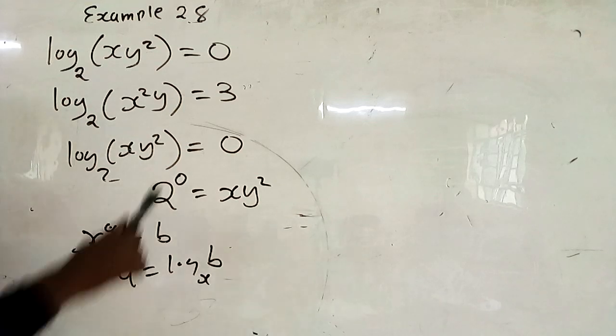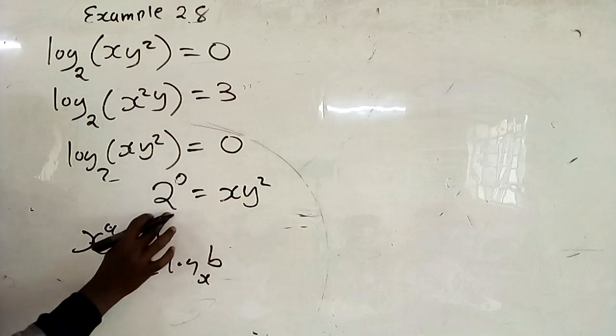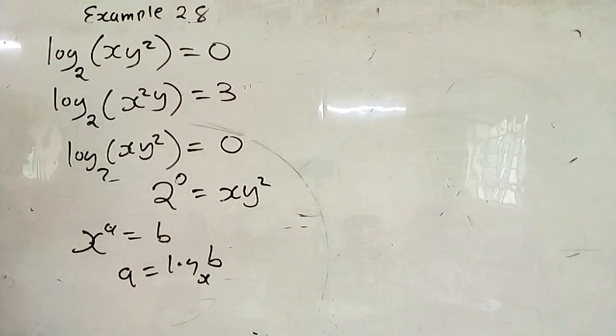Are we together? So 0 is the logarithm of the corresponding number to base 2, so that you have 2 raised to power 0 is equal to xy squared.